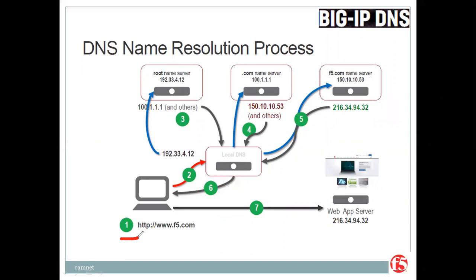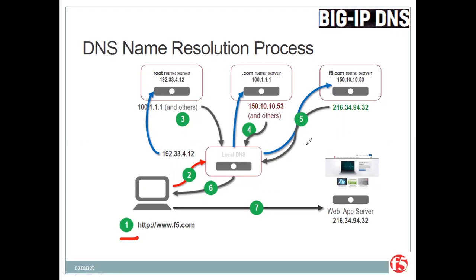These are the steps involved. First step, I am typing www.fi.com and it talks to the local DNS server. The local DNS server immediately talks to the root DNS server. The root DNS server comes back and says it belongs to the .com domain. Please go and talk to the .com DNS server. It provides the IP address of the .com DNS server also. My local DNS will go and talk to the .com DNS server. The .com DNS server finds out that I am searching for F5, so it says the F5 DNS server is at this IP.